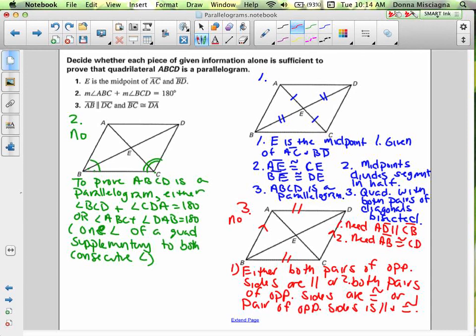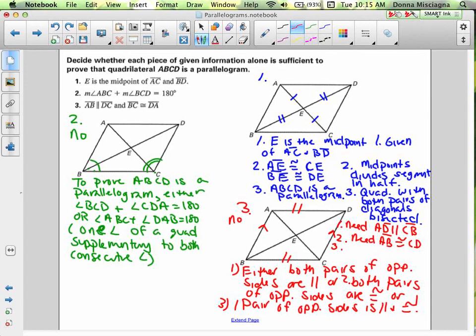And for reason number 3, which is here, one pair, I don't know what happened to the 1 there, but that's reason number 3. We'd either need one pair of sides both parallel and congruent.